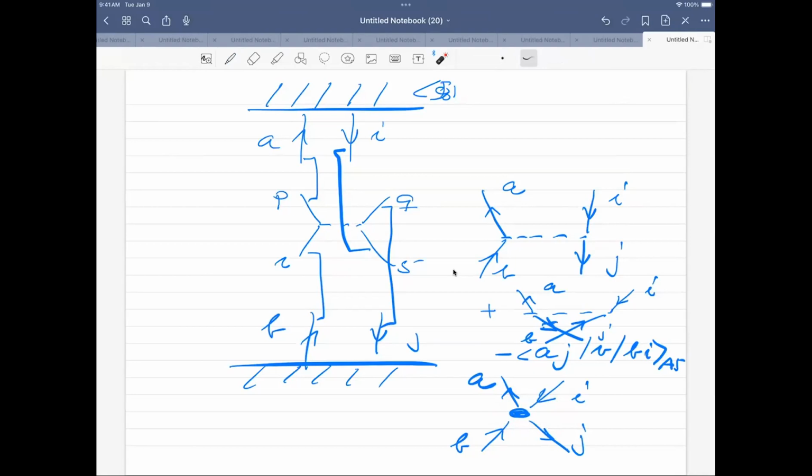Now, there are many ways of writing these diagrams. And one thing you could do now, if you look at this diagram, and this is also a little bit confusing when you look into the literature, is that sometimes people, instead of drawing these diagrams for this one, simply draw this one and at the same time say that this represents this expression.